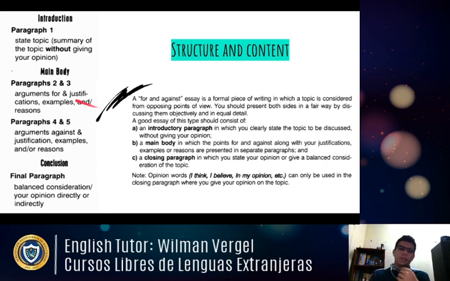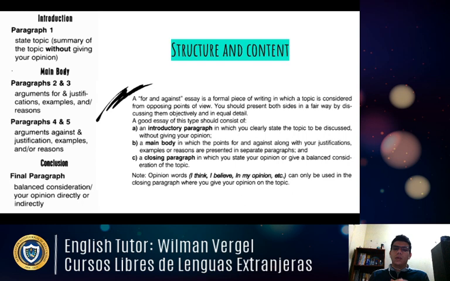In the first paragraph, you're going to talk about arguments for, with justifications, examples, and reasons about the things that you're going to compare and contrast. And in paragraph 4 or 5, but it's going to be number 3 in our writing, arguments against, with justifications, examples, and reasons. So you have to justify what you say, exemplify what you say, and give reasons.